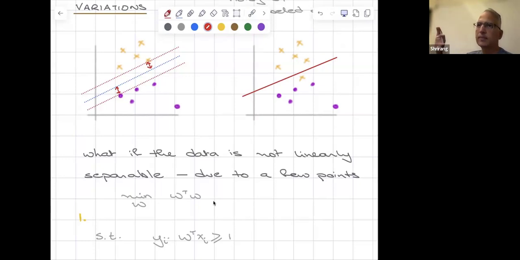That's what it means. Now, if I'm willing to allow a point to be inside this, so it's violating that rule of support vectors, the reason I'm doing that is because I want a larger margin. Just because I have this point out here, I don't want to have a very small margin. I want to have the bigger margin that I had. And I'm willing to allow that, right?